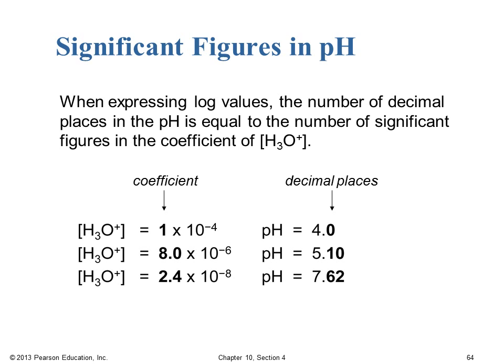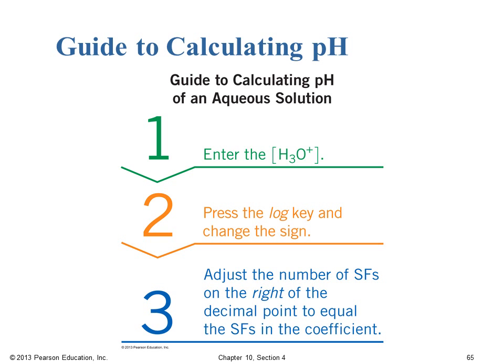In the second one, we have 2 significant figures in the coefficient, so you're allowed to report 2 decimal places. In the third one, we also have 2 significant figures in the coefficient, so you're allowed to report 2 decimal places. So if we were to calculate the pH of an aqueous solution, you need to use the H3O plus concentration. Then we can plug it into the log formula and adjust the number based on the number of significant figures to be reported.